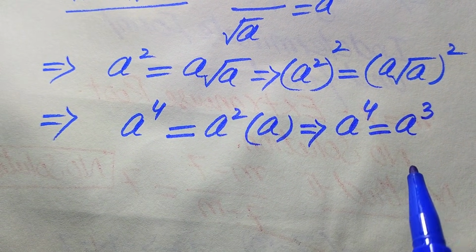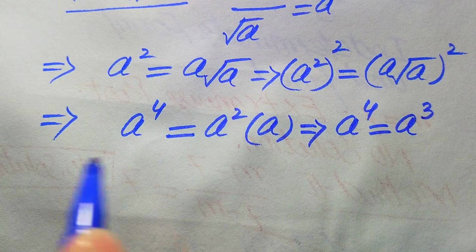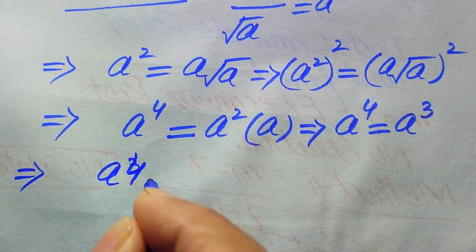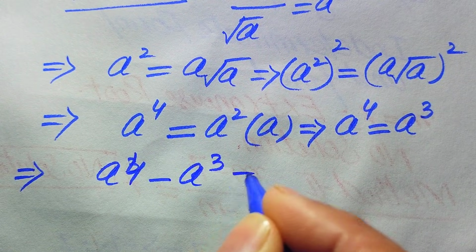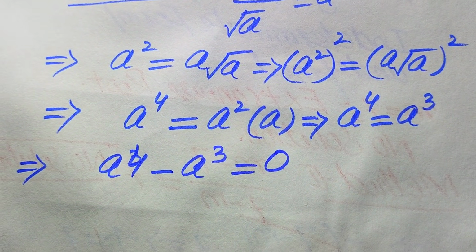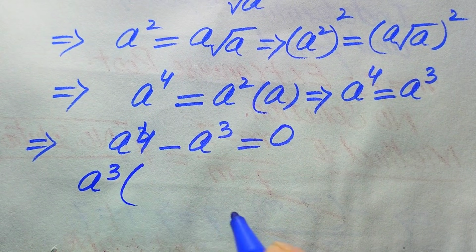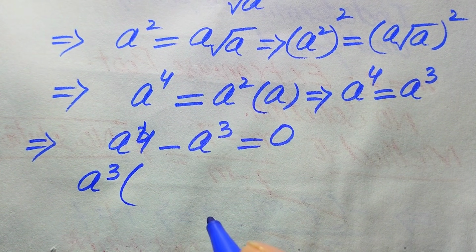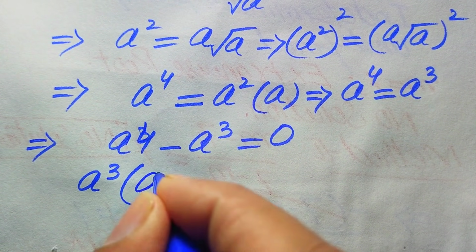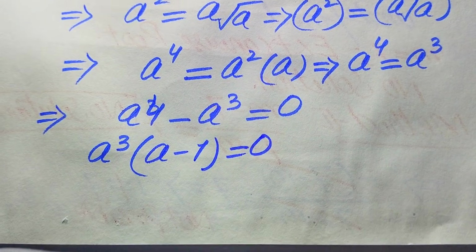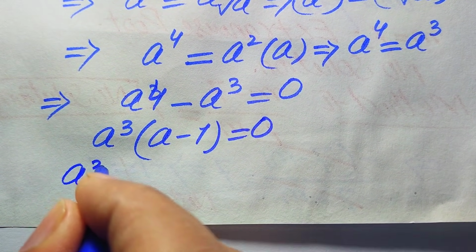And now in the next step, we move this a cubed from the right hand side to the left hand side, and it becomes a to the power of 4 minus a cubed, and this whole equation equals 0. And now you see both of these two terms involve a cubed, so we take common a cubed from here, and the remaining factor is a minus 1, and this whole equation equals 0.